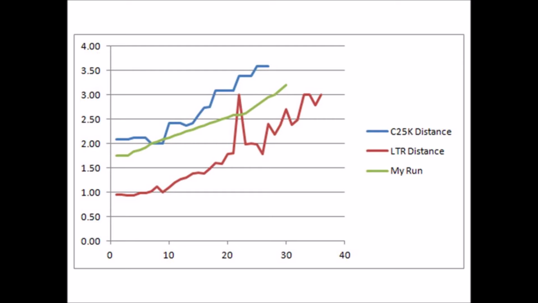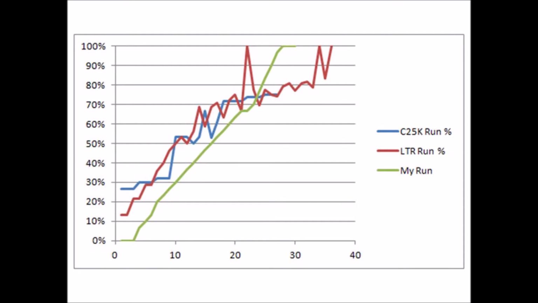So I started looking at how I would write a beginner running program, and that is what the My Run line represents. There's a lot of walking in the beginning to get close to that 2 miles, but you'll notice that the distance increase is a little more gradual than the other two programs. And I might release that after I have a chance to work on it a bit more.